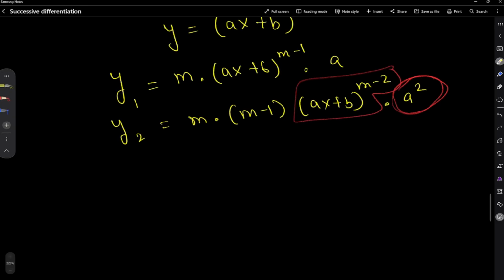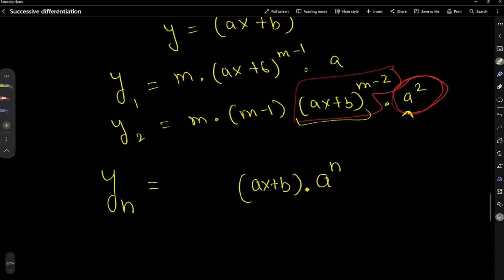For the general equation, the nth derivative of y: for a, it was a raised to the power n. For this, it was ax plus b raised to the power m minus n.